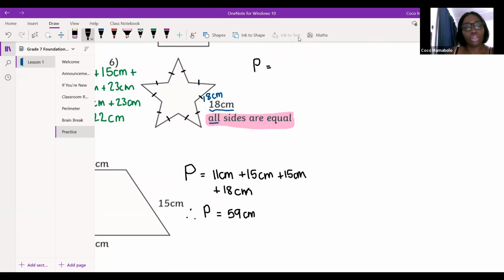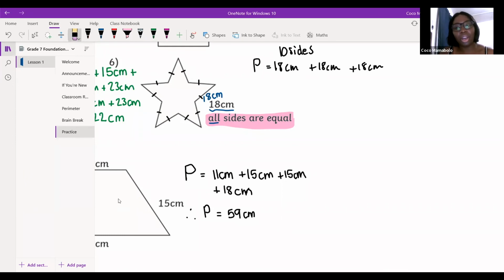Excellent, guys. Okay, so now that we know we have 10 sides, and each side is 18 centimeters long, I'm not going to sit here and write out 18 centimeters plus 18 centimeters plus 18 centimeters. I'm not going to do that 10 times. Well done, Keisha, you've caught on.